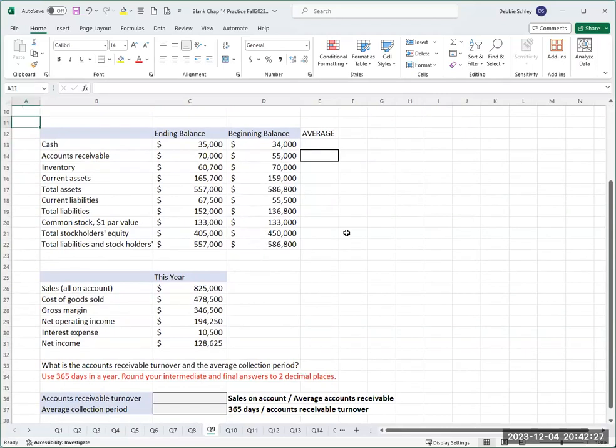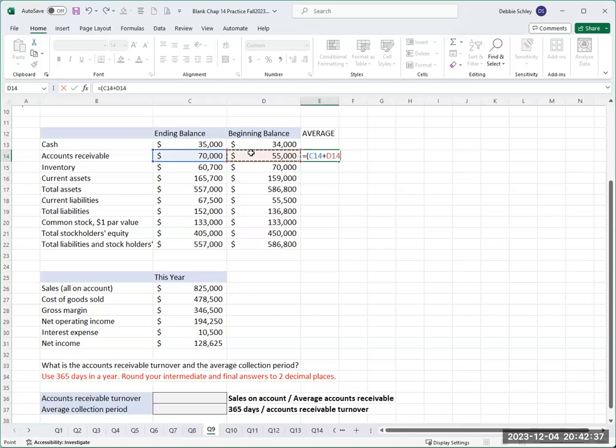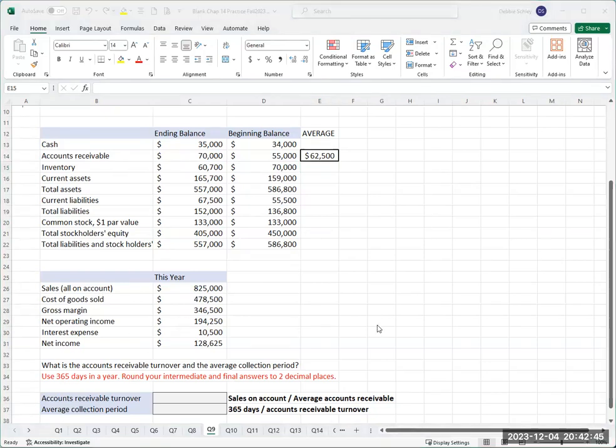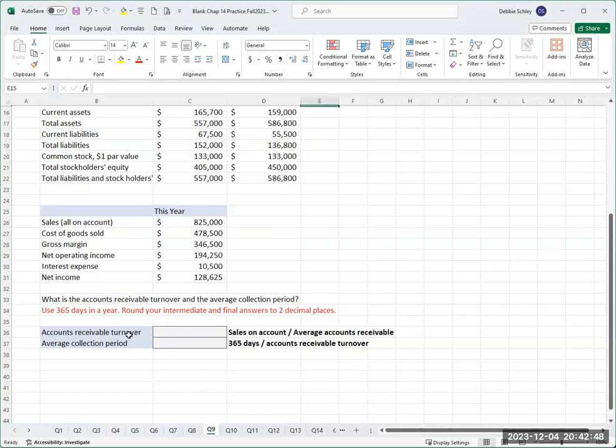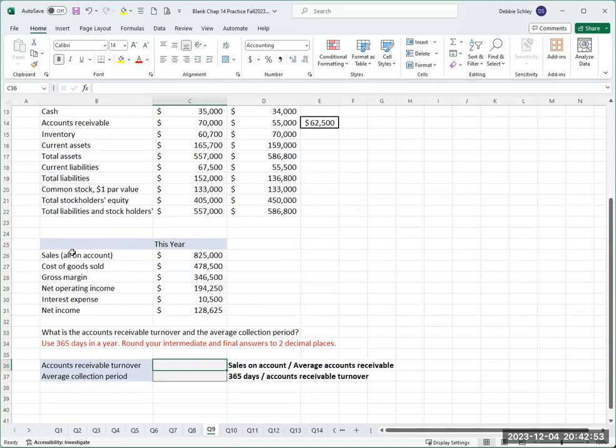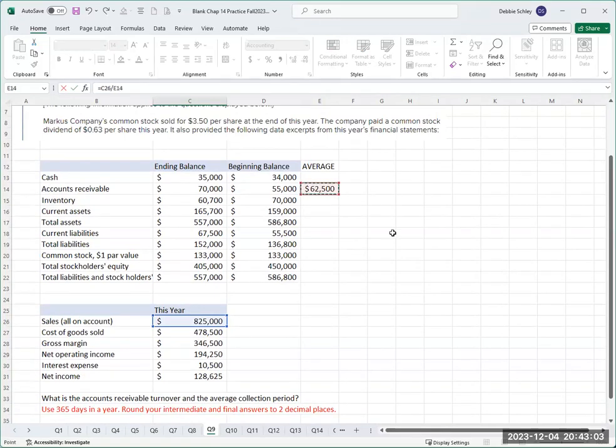Okay, looks like I need an average for accounts receivable. It's just easier to do this. So ending plus beginning divided by 2 gives me the average. And so my accounts receivable turnover, and I believe they told us all the sales are on account, equals the sales on account divided by the average accounts receivable.